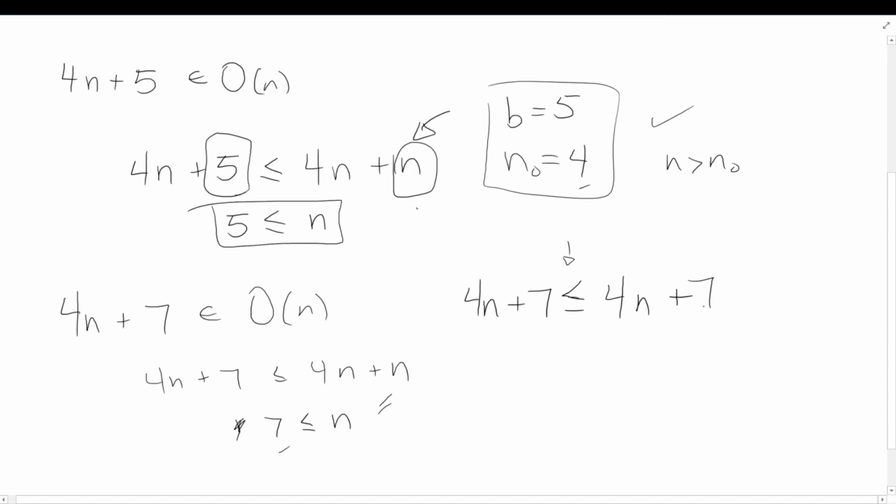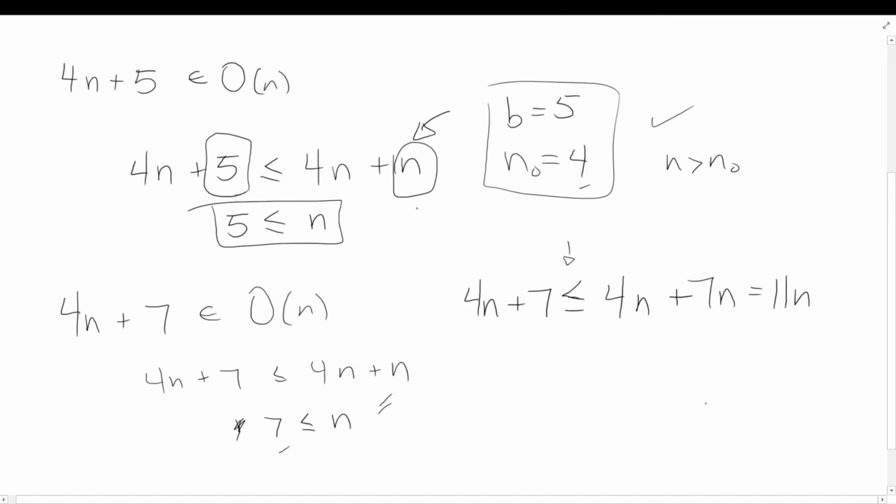Leave the same scalar out front, but promote the variable part of the term to the same degree, or the same whatever function it might be, in our higher order term. Okay, so in this case, since my higher order term was n to the power 1, I chose to promote this to n to the power 1, and this gives me 11n.